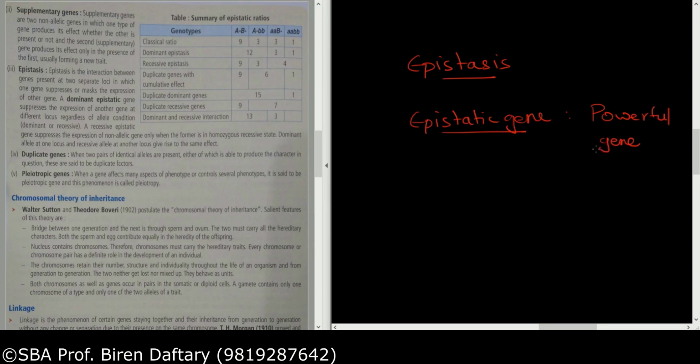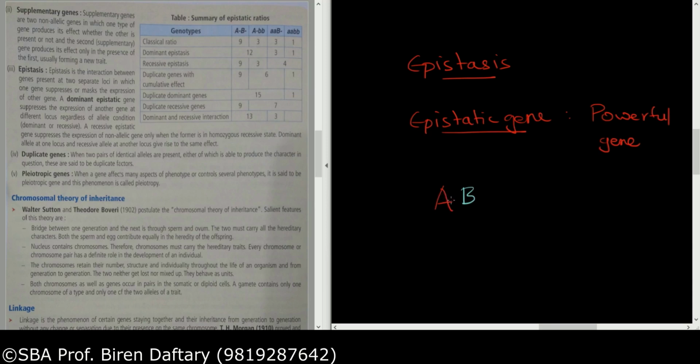So this is somewhat similar to Mendel's law of dominance, but it is not exactly that. If I show two genes, and I say capital A is an epistatic gene, and there is another gene which is capital B, then if capital A is the epistatic gene, it will not allow this other gene to show its effect.